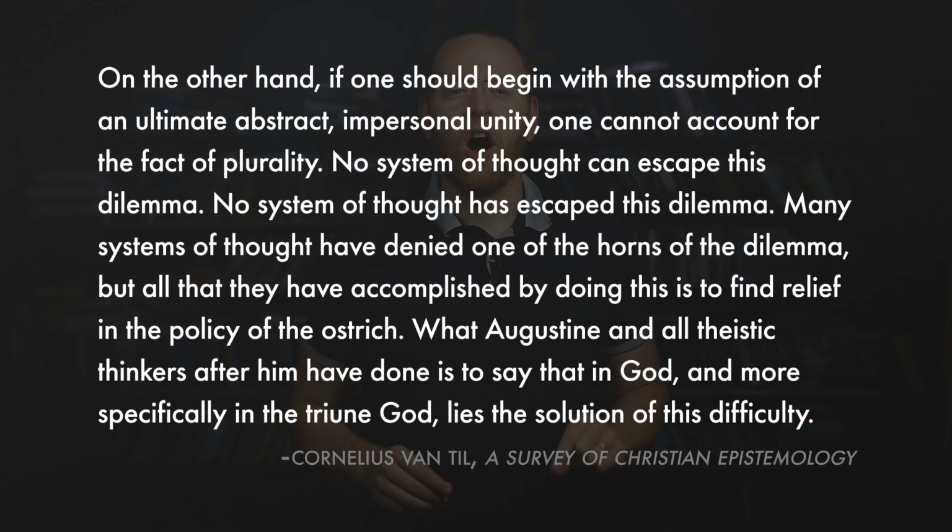What Augustine and all theistic thinkers after him have done is to say that in God, and more specifically in the triune God, lies the solution of this difficulty. What Van Til is saying is that both unity and diversity are equally ultimate because God is irreducibly one and three, or many. He is triune, triunity.